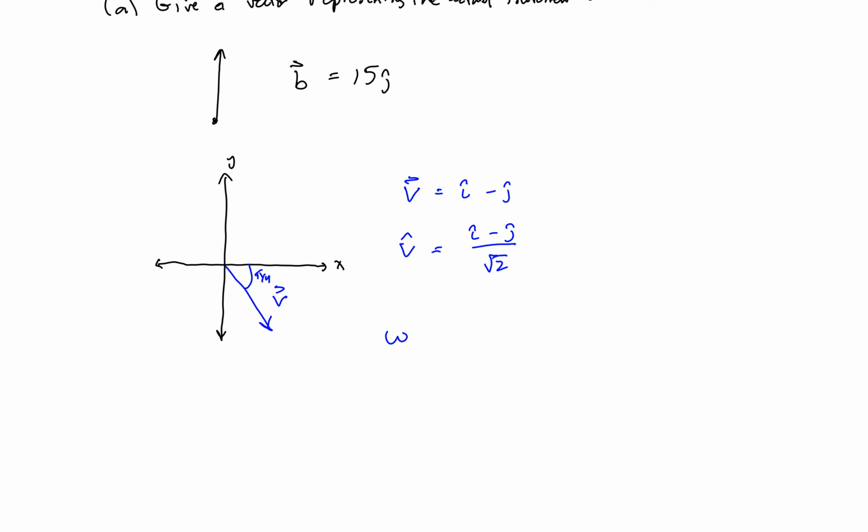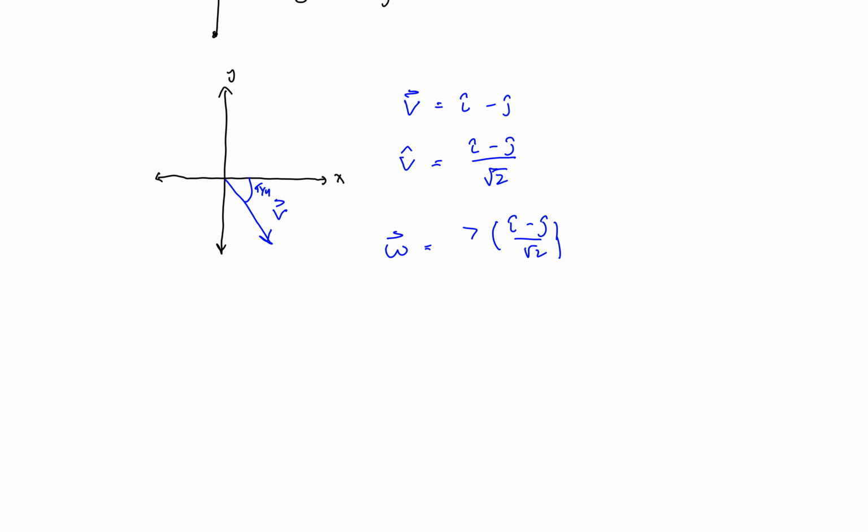So this is a unit vector in the direction of the water. And now to make it length 7, we'll just scale this by 7. So that gives us our vector in the direction for the w. And so the vector representing the actual motion of the boat is going to be b plus w.